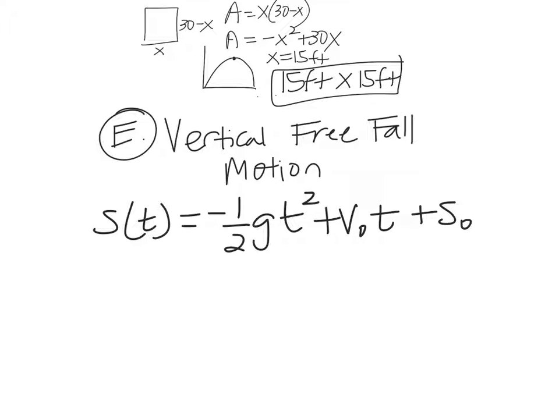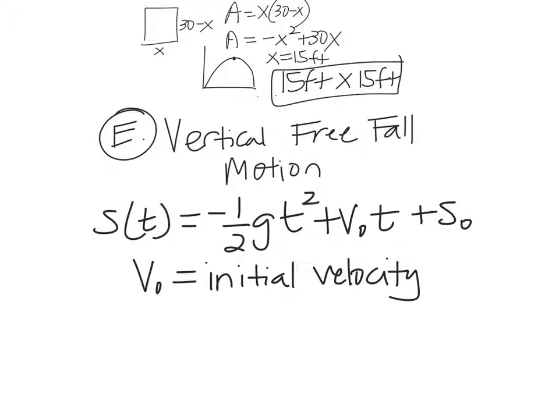We know it from the other chapter. What was v sub 0? Starts with an I. Good. Initial velocity. That's the starting velocity. S sub 0 is the initial height.